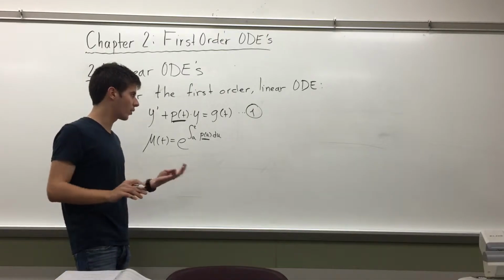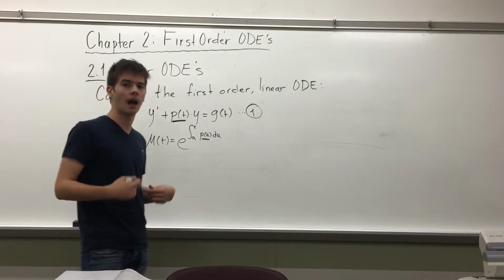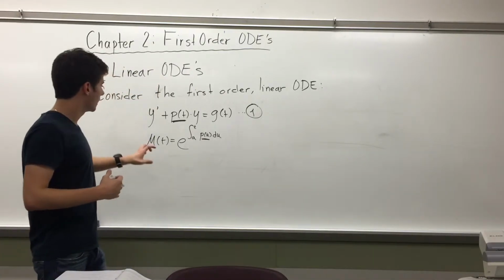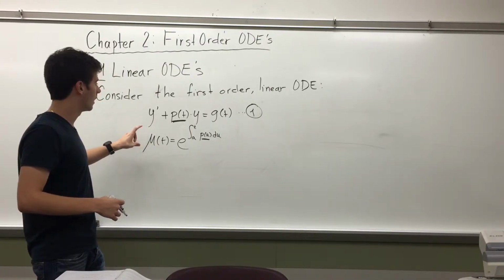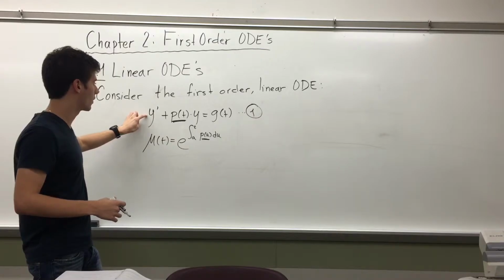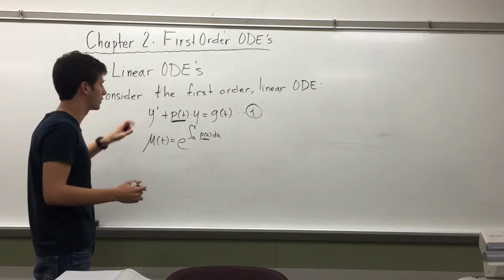Yeah, it's pretty crazy. Like, how did he come up with that? I don't know. But he discovered that if you multiply the equation by this function, you're going to be able to solve it. So let's multiply it out.